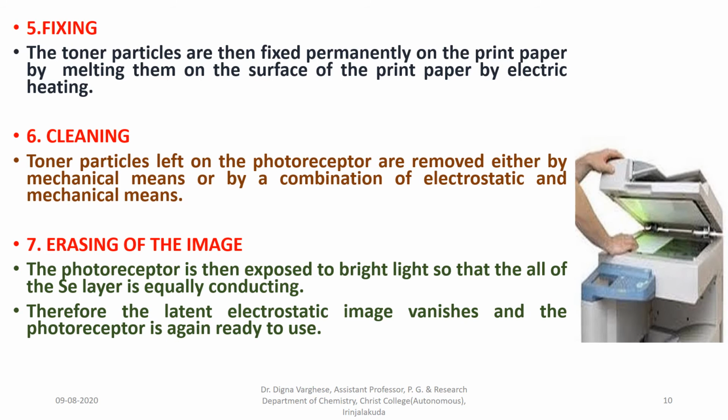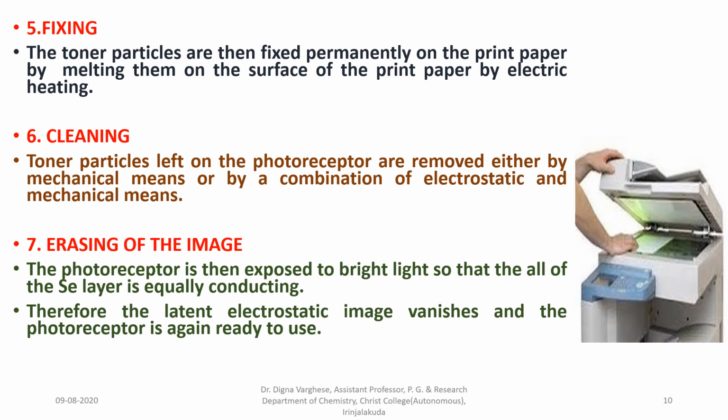We can see this when we are taking a document for Xeroxing. When we press the start switch for copying the document, within seconds a light is passed in one direction.